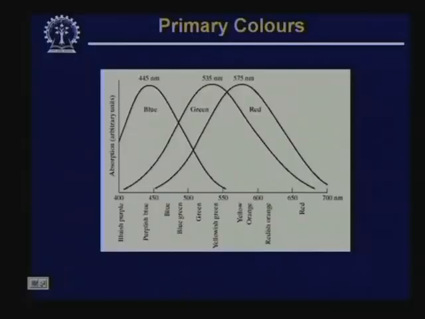Some cone cells sense light in the red wavelength, some sense the green light, and some sense the blue light, and these are mixed together in different proportions so that we have the sensation of different colors. This is the main reason why we say that red, green and blue are the primary colors, and by mixing these three primary colors in different proportions, we can generate almost all the colors in the visible spectrum.